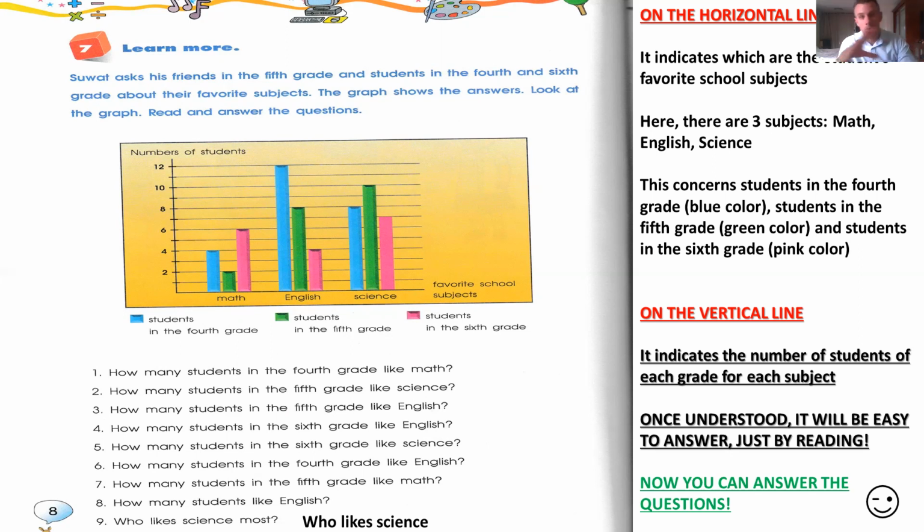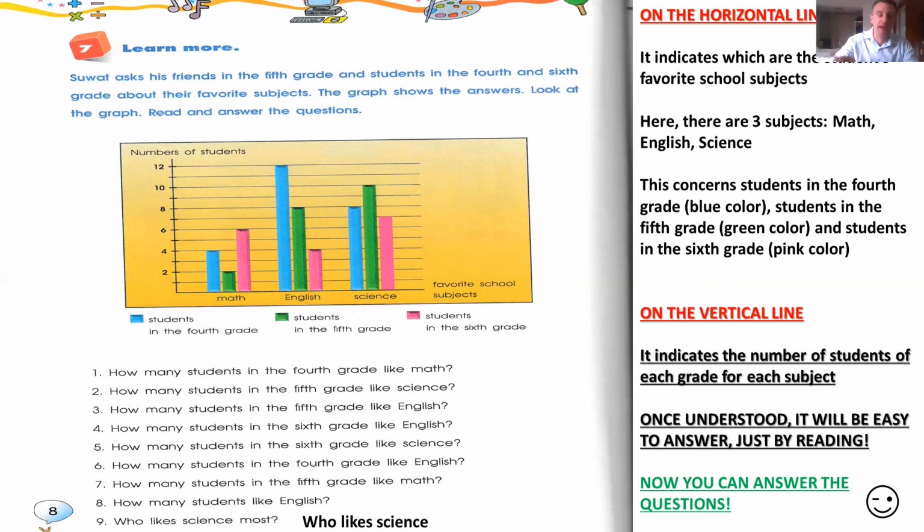Okay, so we go on the right and I will explain to you the horizontal line and the vertical line. Okay, so we start in English, so follow this. So, on the horizontal line, so horizontal like this. Okay, it indicates which are the students' favorite school subjects.